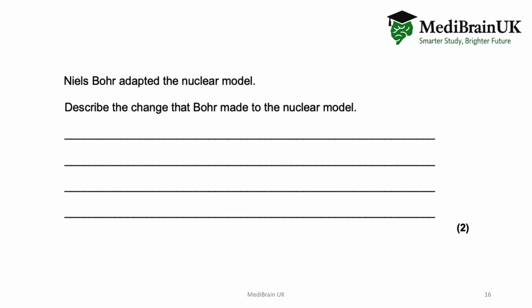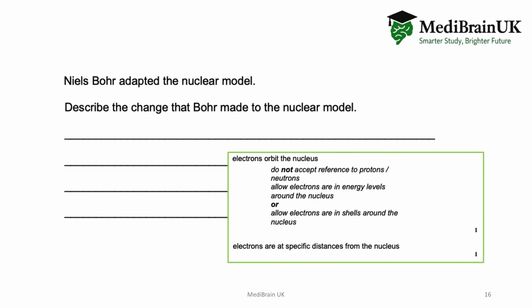So putting that into words, the 2 points that you need to learn for how Niels Bohr adapted the nuclear model are that the electrons orbit the nucleus, and they are held at specific distances from the nucleus. Those are the 2 alterations he made to the original nuclear model.